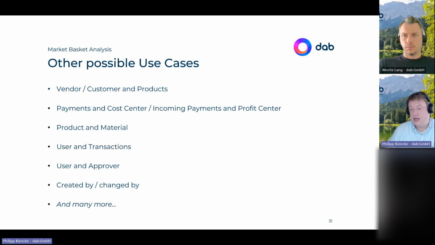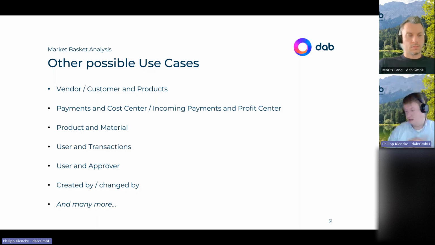User and approver is a similar concept in this. We can look for which user, for example, created the purchase order and who approved, and also find combinations and certain, maybe unusual, approvers for certain users who did, for example, a purchase order. Similar with created by and changed by.